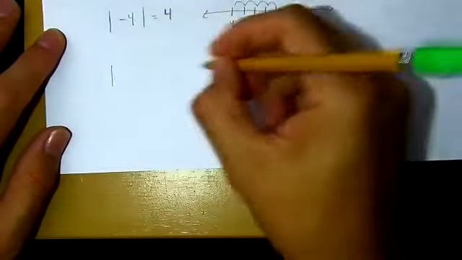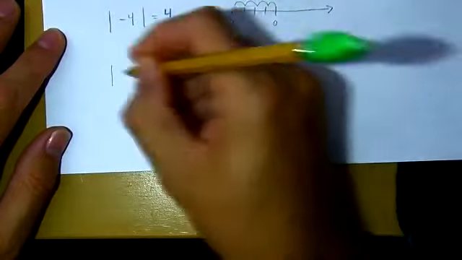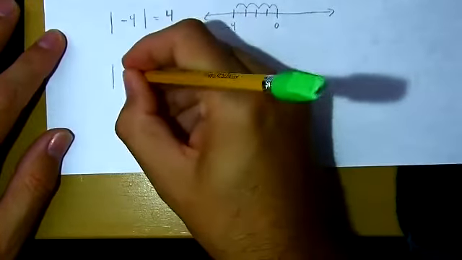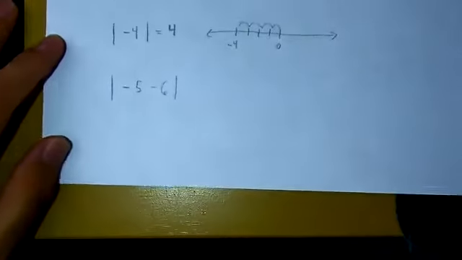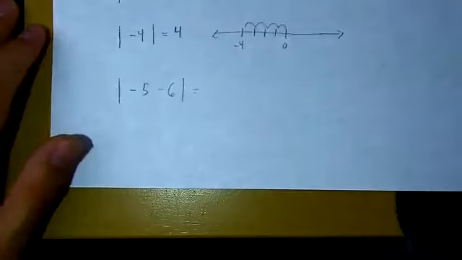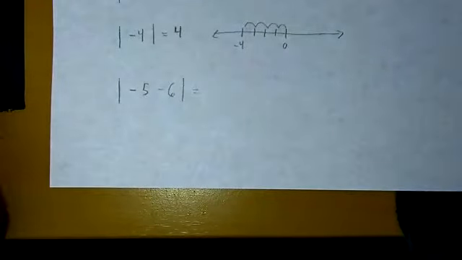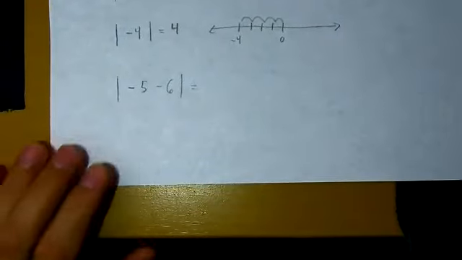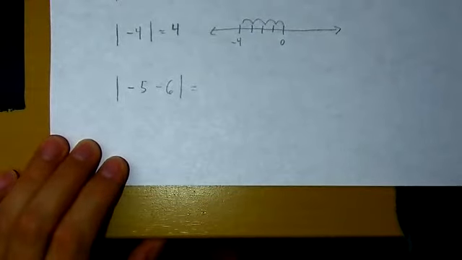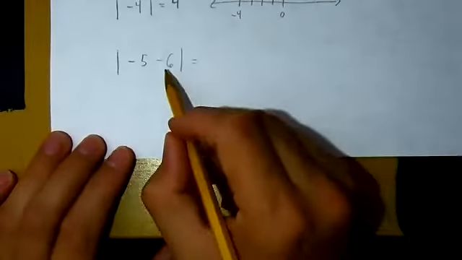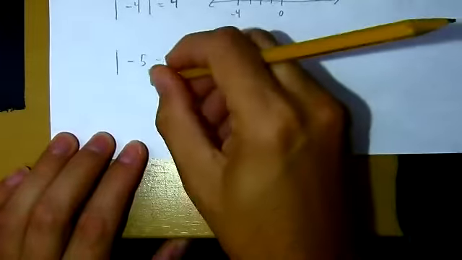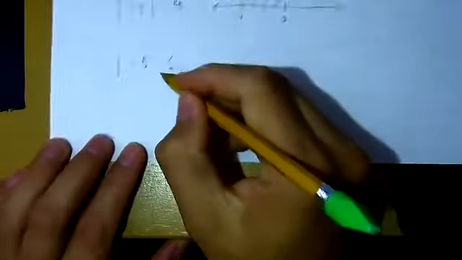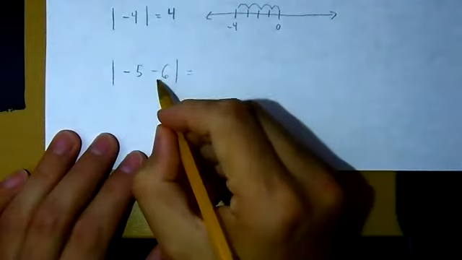Now, sometimes you can have multiple numbers inside. For example, that. When you've got multiple numbers inside the absolute value signs, you've got to solve what's inside first before you turn it positive. So if you remember your positive and negative rules, or you have a calculator, sometimes you will, sometimes you won't for these.